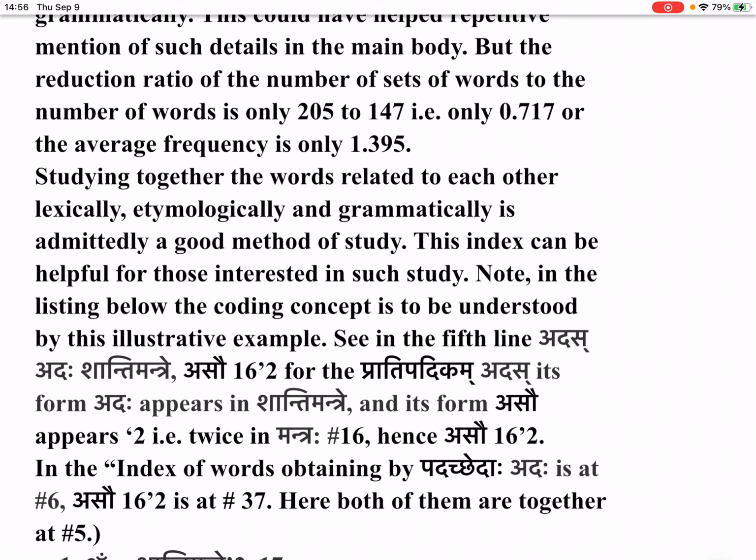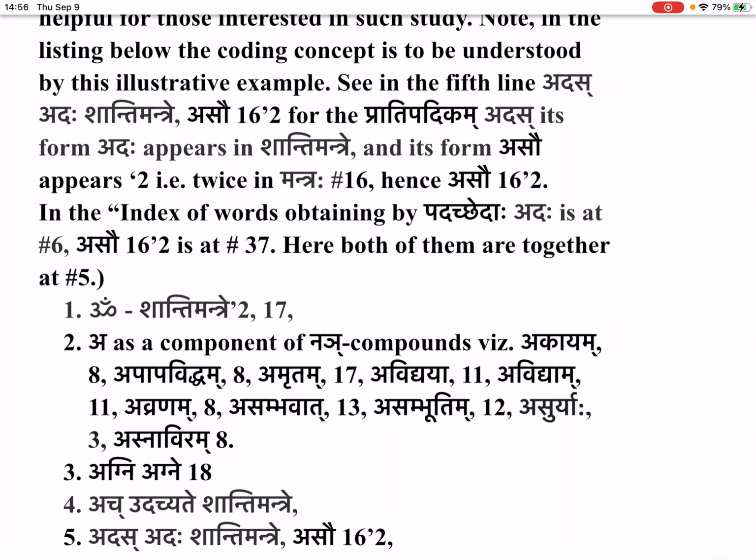Now, Om Shanti Mantre apostrophe 2 17. As a component of Nai compounds, namely, appears in Akayam, mantraha number 8, Apapaviddham, mantraha number 8, Amrutam 17, Avidyaya 11, Avidyam 11, Avranam 8, Asambhavat 13, Asambhutim 12, Asuryaha 3, Asnaviram 8, and like that.